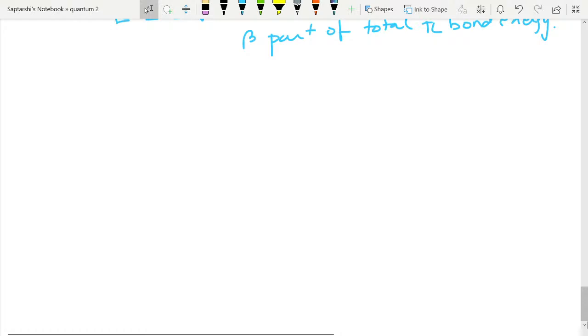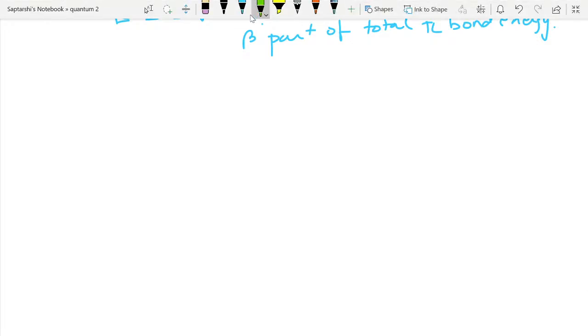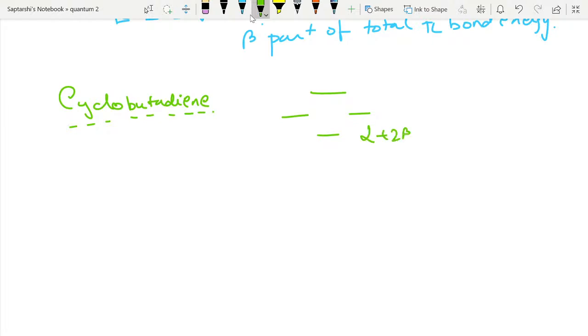Now we'll see some structures and their energy levels, which is very important. First for cyclobutadiene: the lowest level is alpha plus 2 beta, this is your alpha, and the highest level is alpha minus 2 beta.